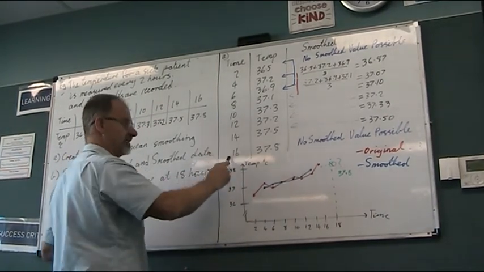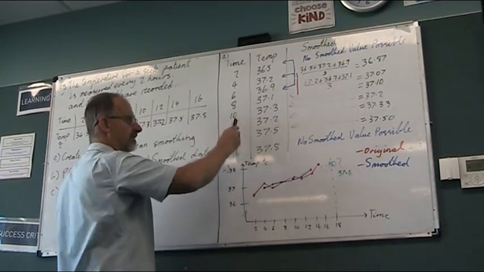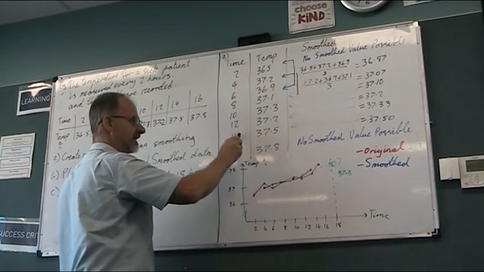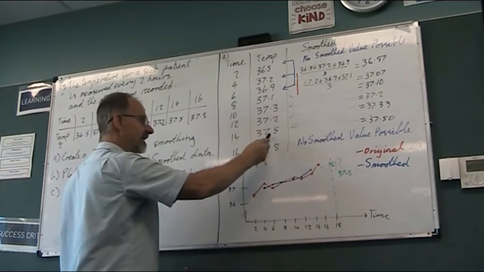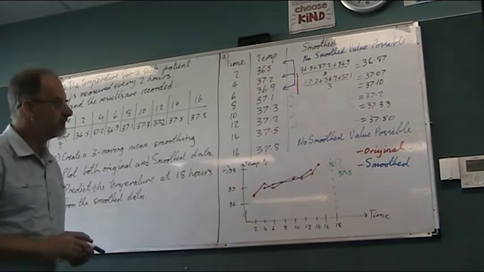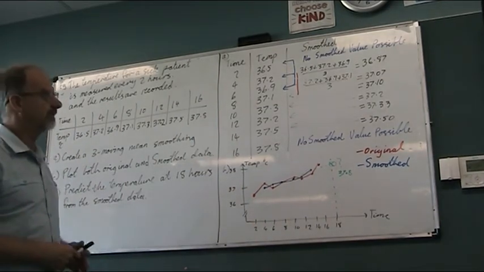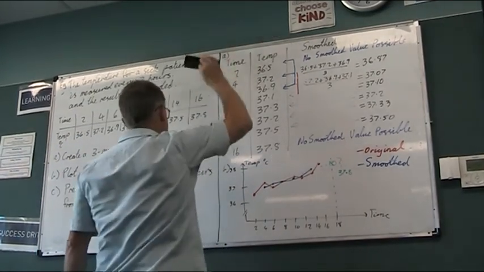You might go, oh yeah, well it's at 15, but if these were days, for example, Saturday and Sunday, there isn't anything in the middle of Saturday and Sunday. So if you're using 2 values, or 4, you have to do what's called centering. So we'll have a look at what that means right now.